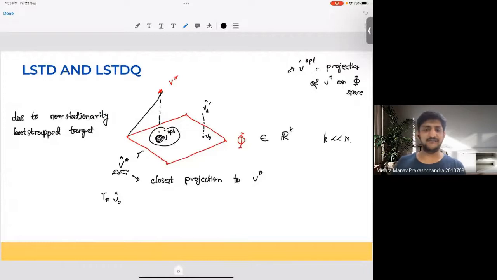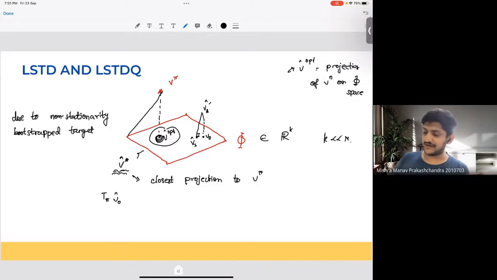If I operate with the Bellman operator, it need not necessarily be in the phi space that I have defined. It might go out of the phi space. So once it goes outside the phi space, I need to project it back over here. The projection of what I have here will be my v hat of 1.